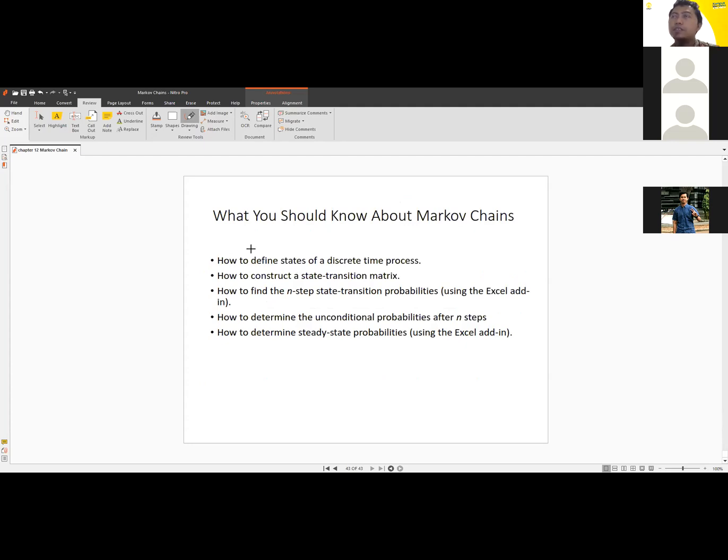Maybe a summary of this material today: how to define the state discrete time process, how to construct the state transition matrix, how to find the n-step state transition probability using the Excel add-in, how to determine the unconditional probability after n steps, and how to determine the steady state probabilities using the Excel add-in.